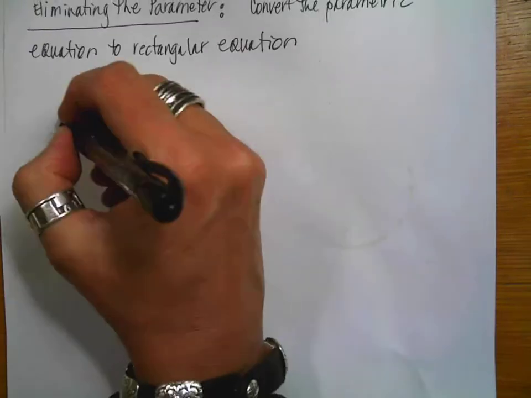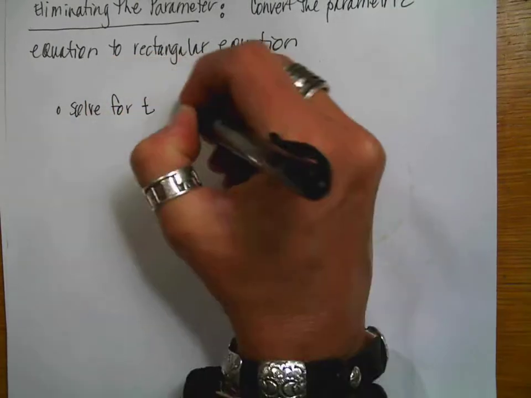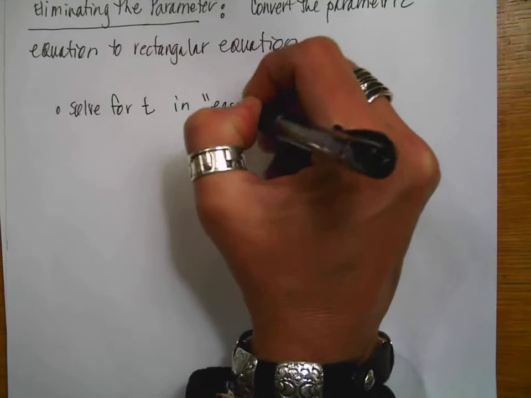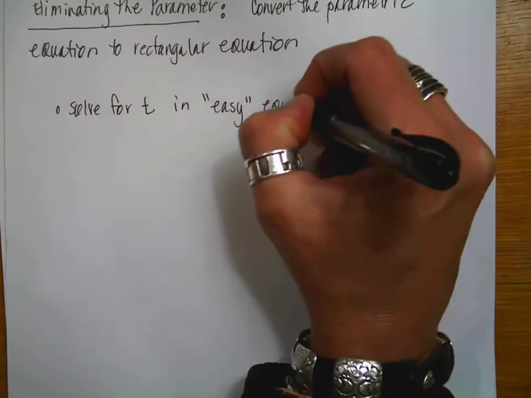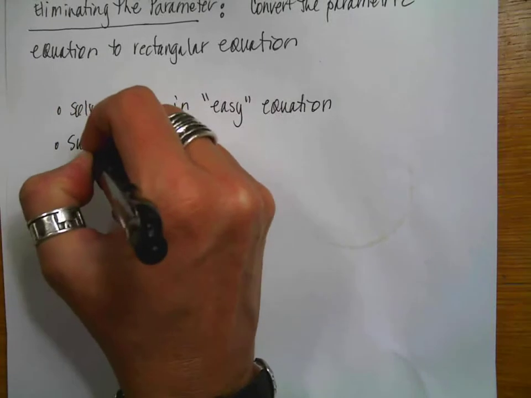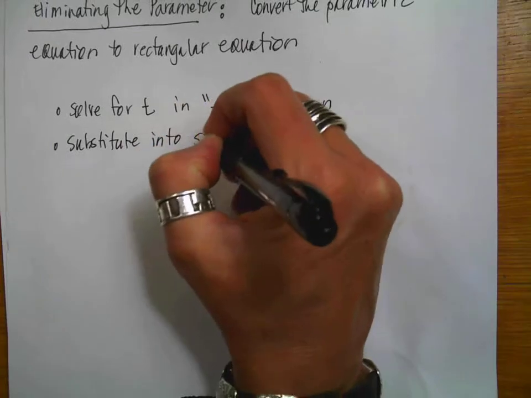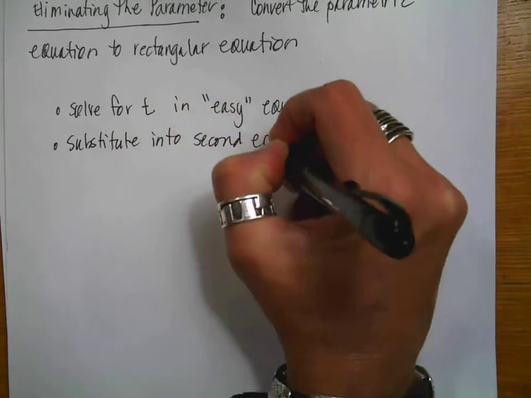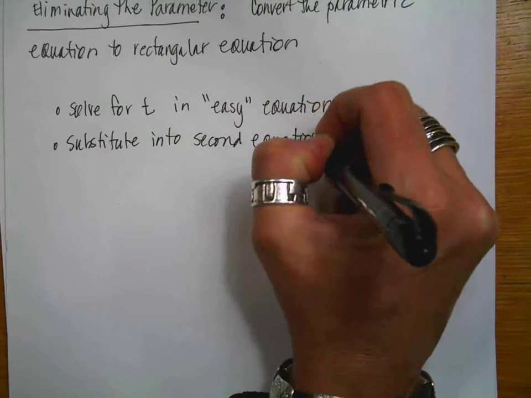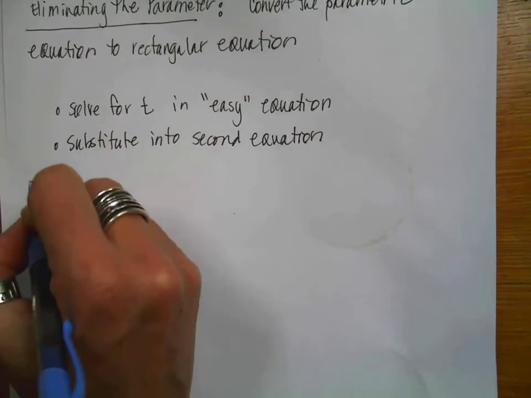Alrighty, so basically what we're going to do is solve for t, and I'm going to put it in quotes, an easy equation, and then I'm going to substitute into the second equation. It doesn't matter which equation you choose to use to solve for t. I would pick the easy one, and then you're going to just do some substitution.